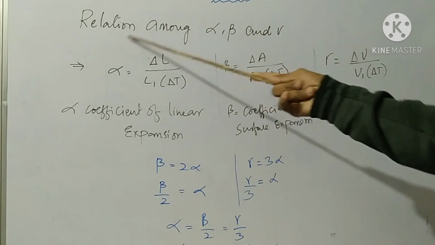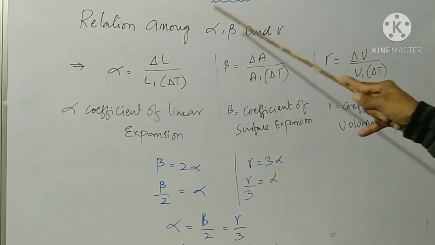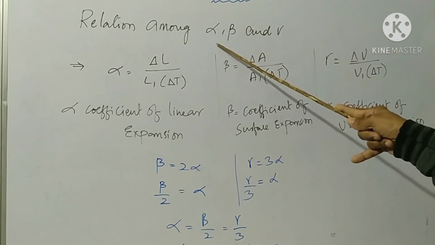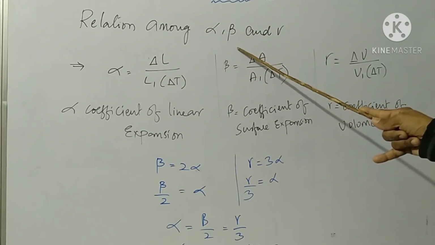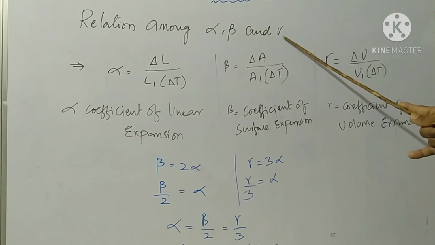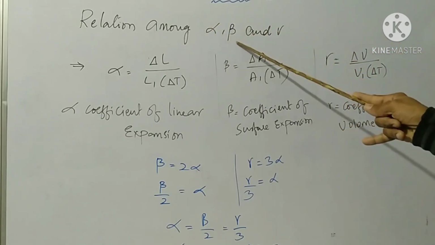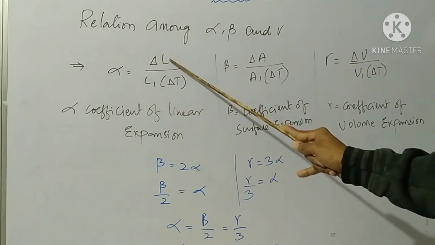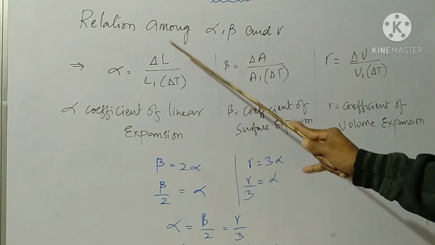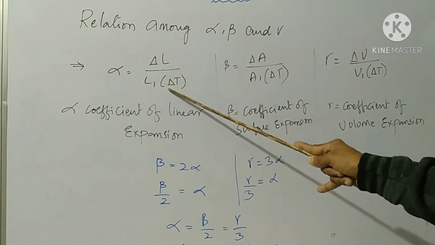So this is the relation among alpha, beta and gamma. Alpha means the linear expansion coefficient, beta means the areal expansion coefficient, gamma is the volume expansion coefficient. The alpha formula is change in length by starting length of the material into change in temperature.